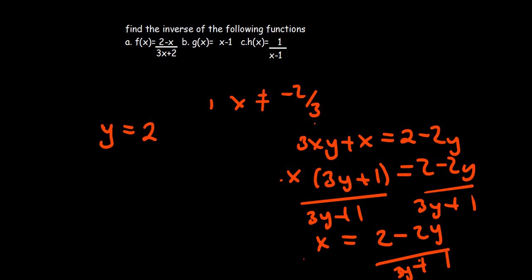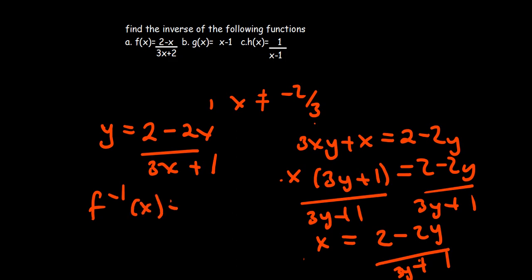So we have (2 minus 2x) divided by (3x plus 1). Then where there's y, you replace it with f inverse of x. So f inverse of x will be equal to (2 minus 2x) divided by (3x plus 1).